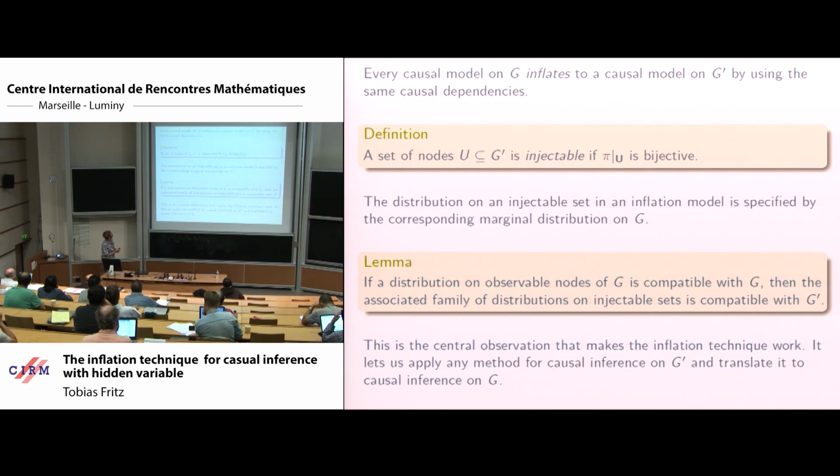Okay, and so the crucial insight was that looking at this inflation graph and this inflated causal model, we can say something about some of the marginals of that. The sets of nodes for which we know what these marginals are are the injectable sets of nodes, as we call them. And those are precisely those for which, when we restrict the graph map, we end up with a bijection.